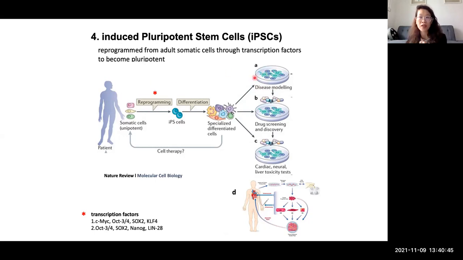Precision medicine comes from here, and also drug screening, because sometimes one patient does not respond to a drug. They need a different dose or different medication, and then we can use her or his cells to screen for the effective drug. It's very specific to that person. We can also use these cells to test for toxicity. That's why we have the terms specialized medicine or precision medicine, because it's specific to the original patient: screening, modeling, and testing toxicity.